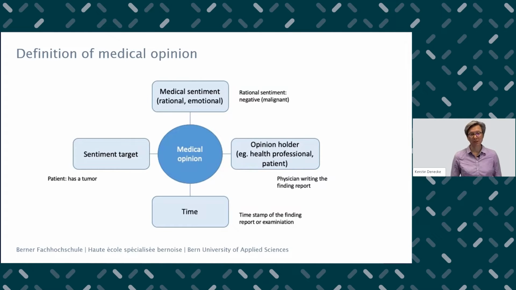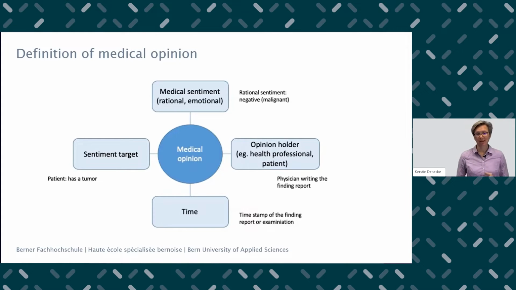Then we have an opinion holder, so the person who is saying this, the tumor is malignant. This can be in a social media post. The patient can write, my tumor is malignant, but he can also use indirect speech. The physician said the tumor is malignant.